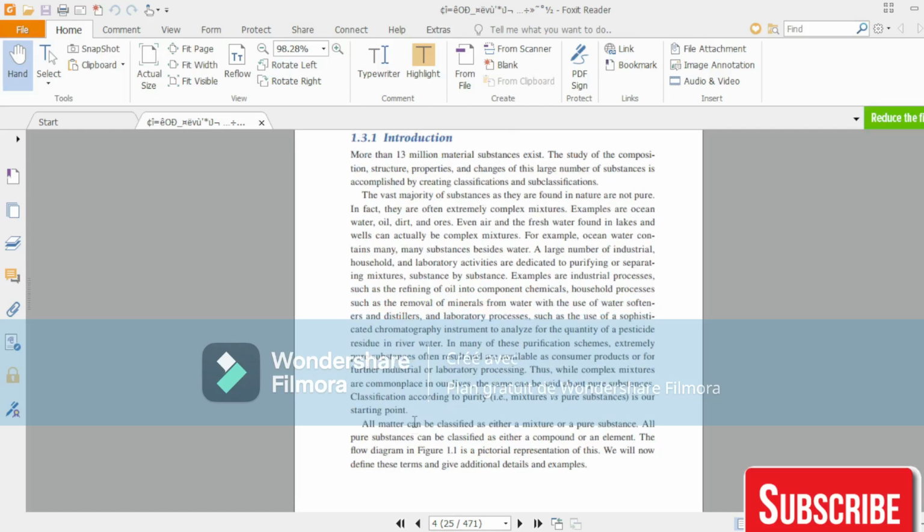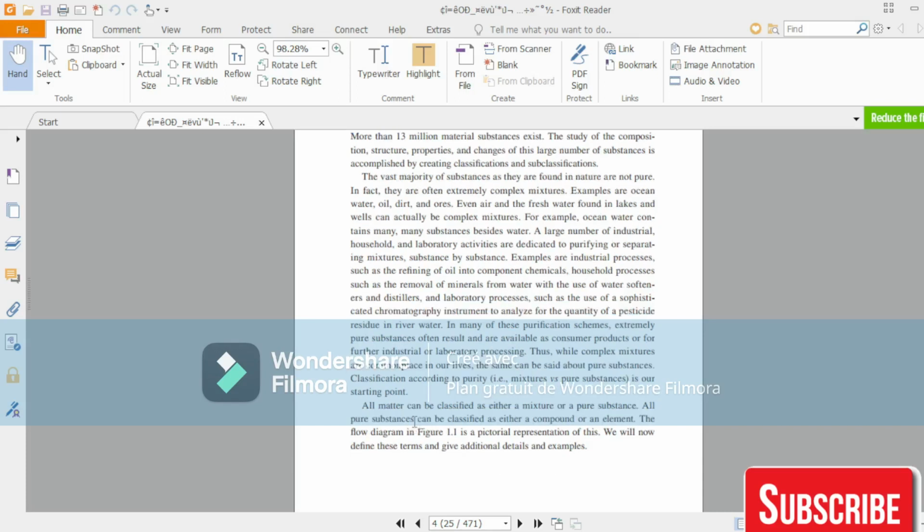A classification according to purity, mixtures versus pure substances, is our starting point. So all matter can be classified as either a mixture or a pure substance. All pure substances can be classified as either a compound or an element.